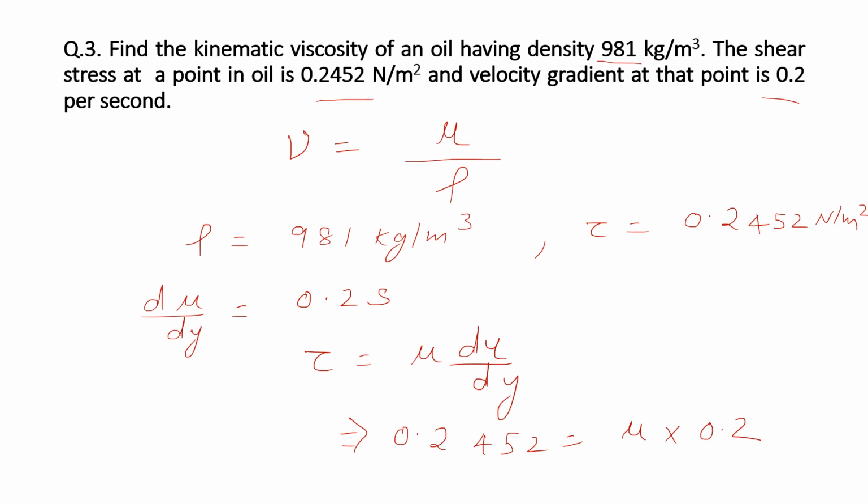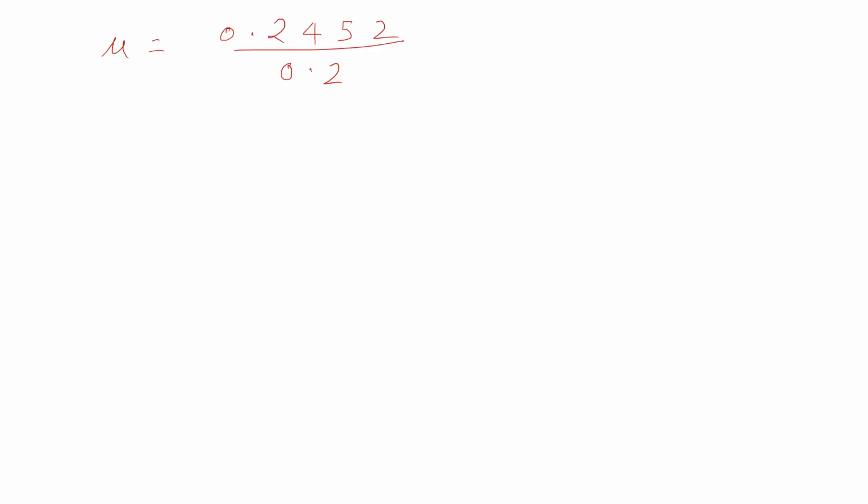So we will get mu as 0.2452 divided by 0.2. By solving this, we will get the value of dynamic viscosity, that is 1.226 Newton second per meter square.